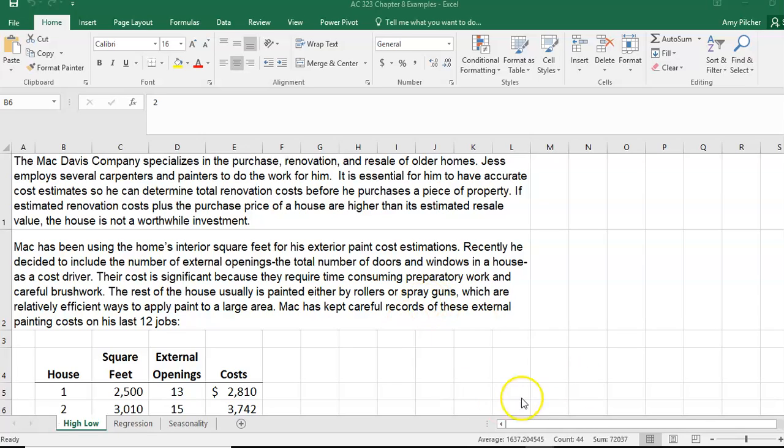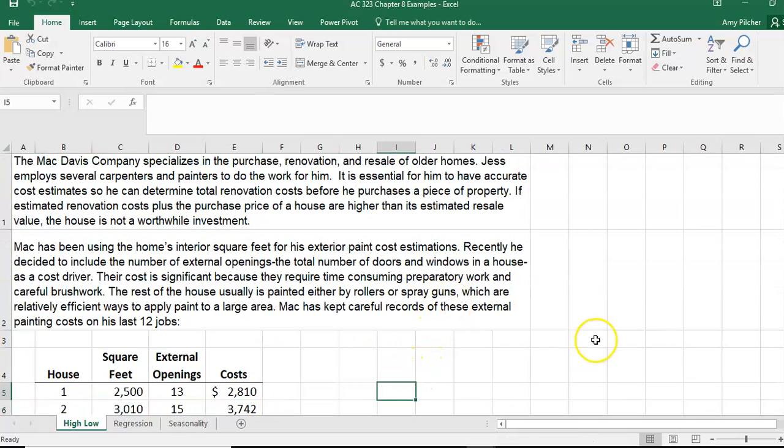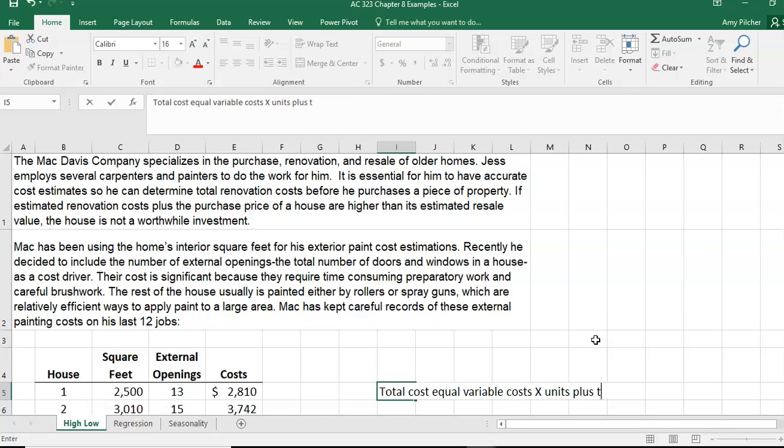You'll remember our mixed cost formula is the formula of a line, y equals mx plus b, or total costs equal variable costs times the units plus total fixed costs.